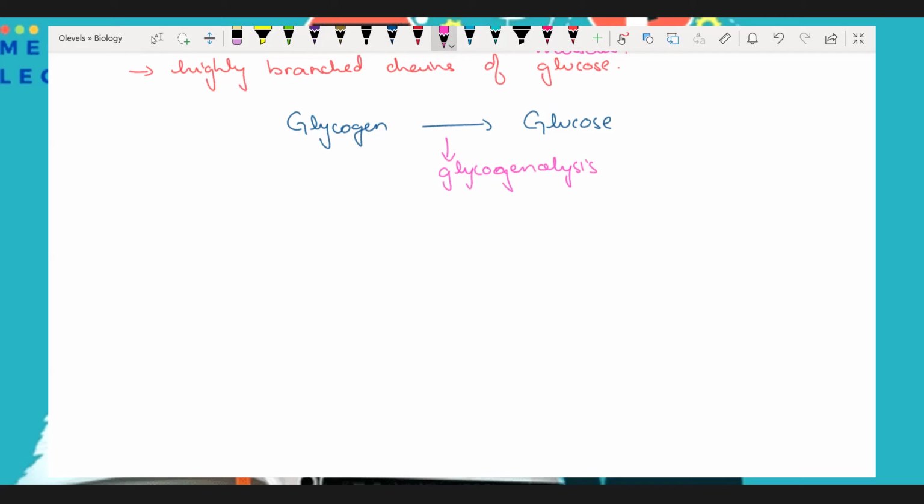That is the breakdown of glycogen, the storage form of glucose found in the liver and muscles, into glucose when the body needs energy, right? So it needs to convert the glycogen into glucose.